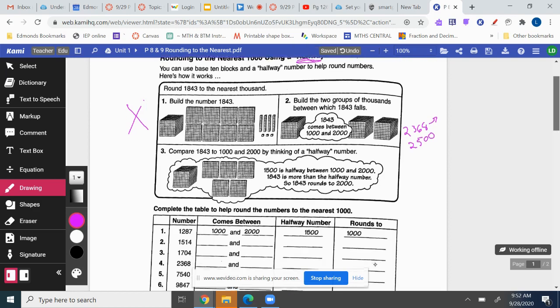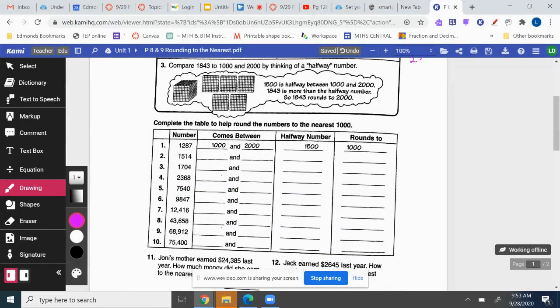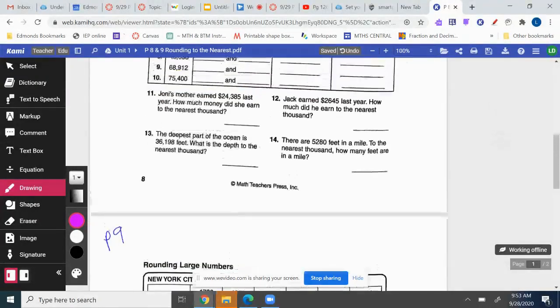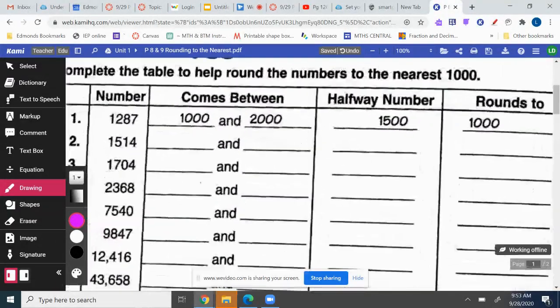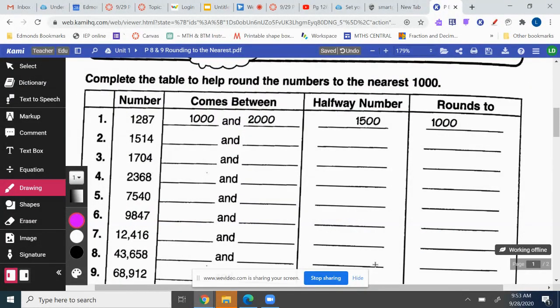Okay, so we're going to look at this down below. It'll make sense. So 1,514 lands between 1,000. So you're going to go with this number and change the rest to zeros, and then you're going to go to the next 1,000, which would be 2,000. So the halfway number, we're going to change this hundreds place to a 5. That's the halfway number.